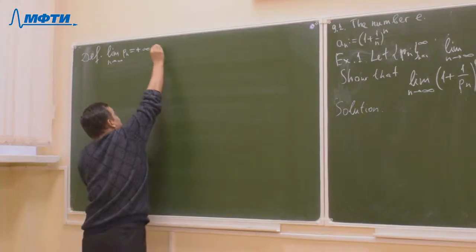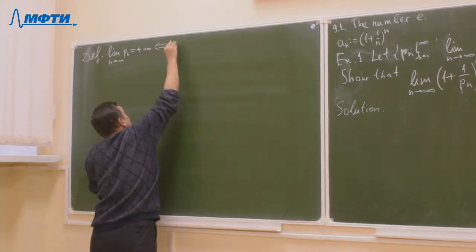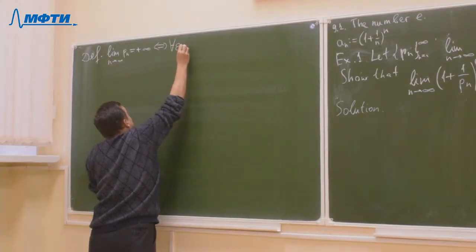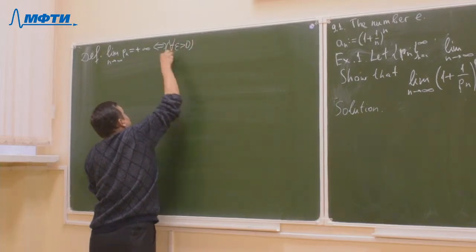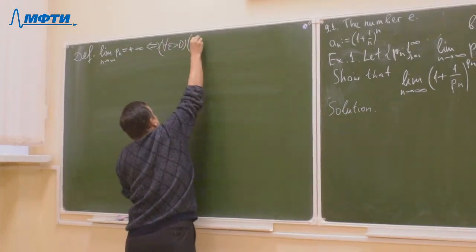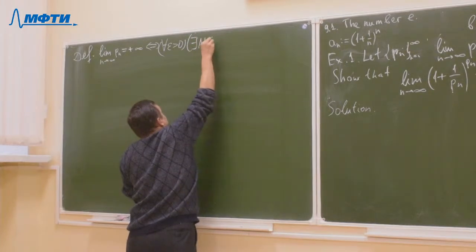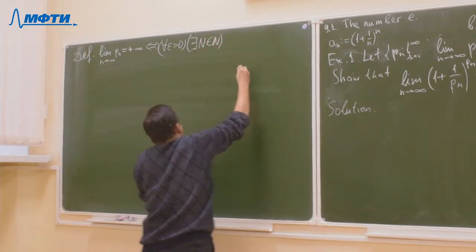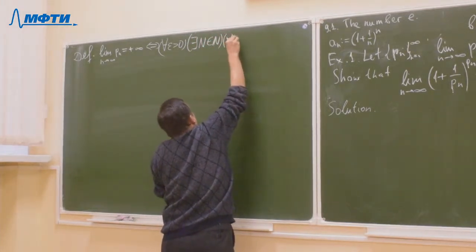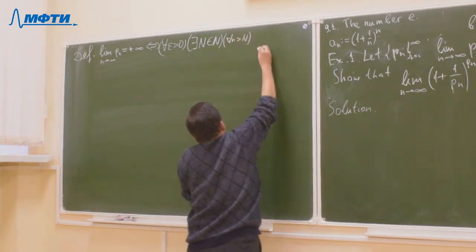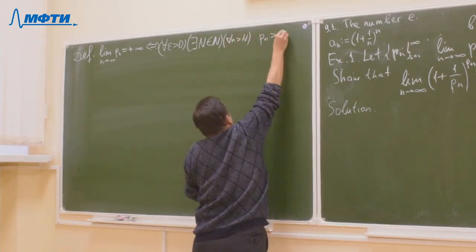By definition, it means that for arbitrary epsilon greater than 0, there exists number n natural, such that for all n greater than n, Pn is greater than epsilon.